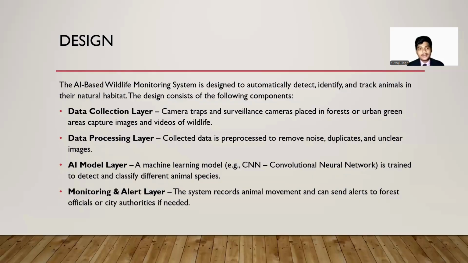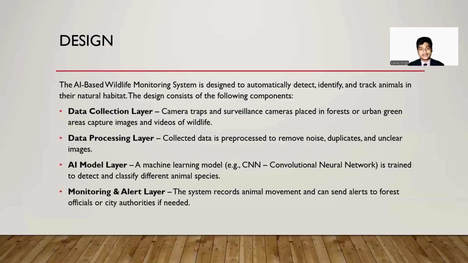Design. The AI-based wildlife monitoring system is designed to automatically detect, identify, and track animals in their natural habitat. The design consists of the following components. Data collection layer: camera traps and surveillance cameras placed in forest or urban green areas capture images and videos of wildlife.